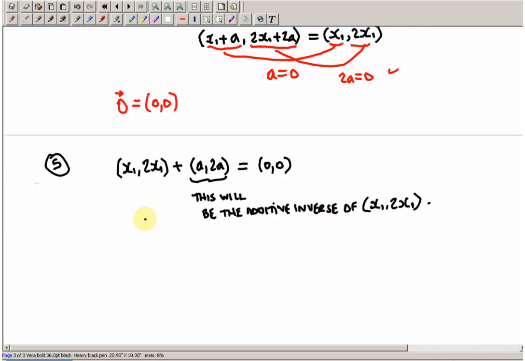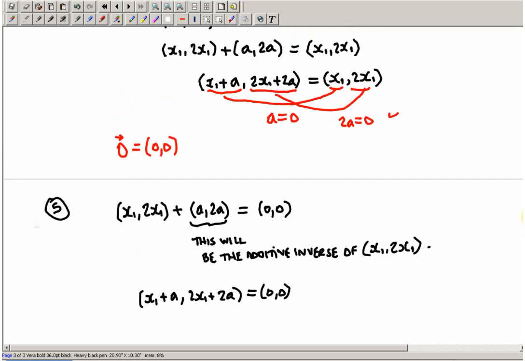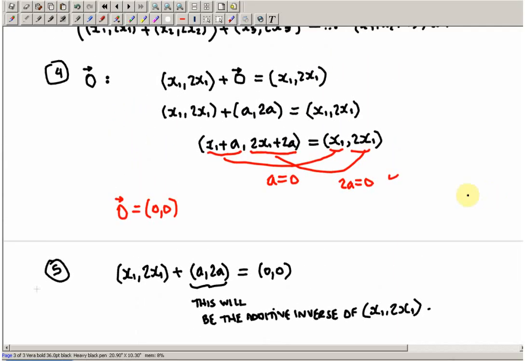This would give you x1 plus A, 2x1 plus 2A equals the 0 vector. And this time I put 0, 0 because I know now that the 0 vector is actually 0, 0. So that means you can't prove property 5 before you prove property 4.